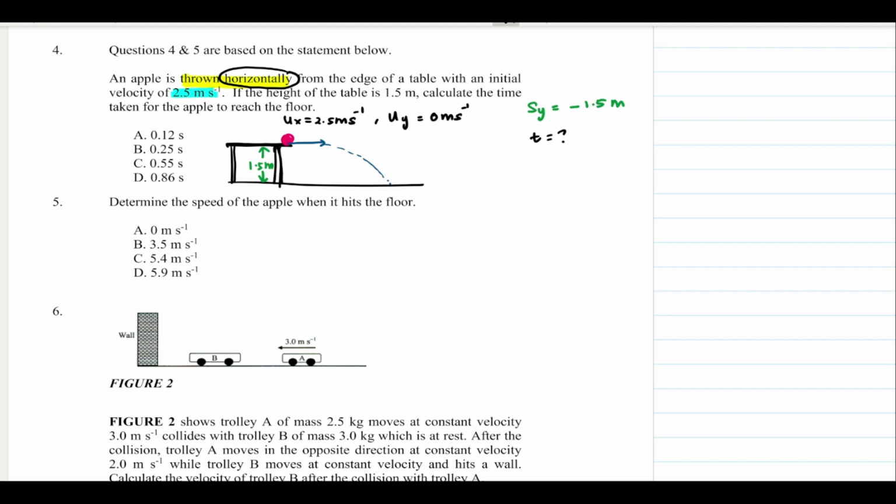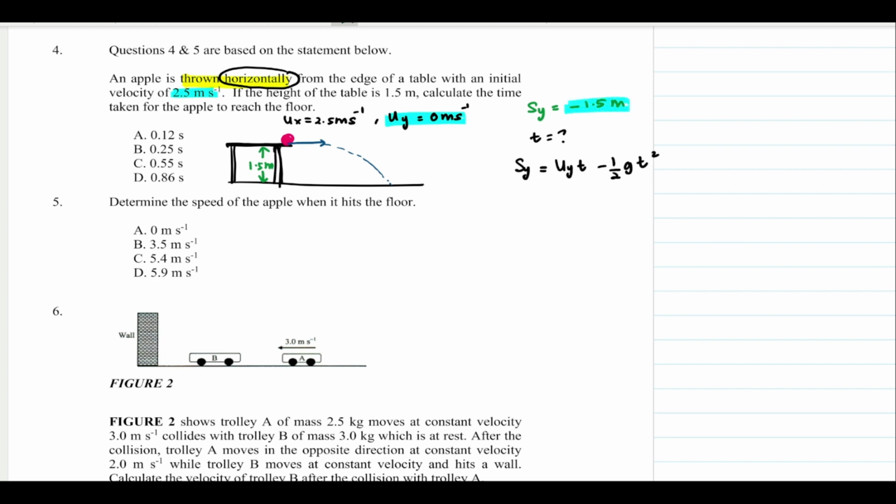So, now kalau kita tengok, kita ada UX, kita ada SY. Okay. So, saya boleh cari T menggunakan formula SY is equal to UYT minus half GT squared. Kerana apa? Sebab saya ada UY is equal to 0 and at the same time, I have the value of SY, which is 1.5.